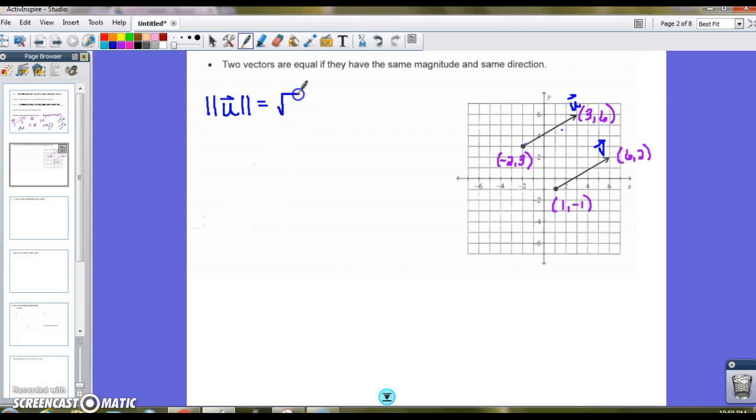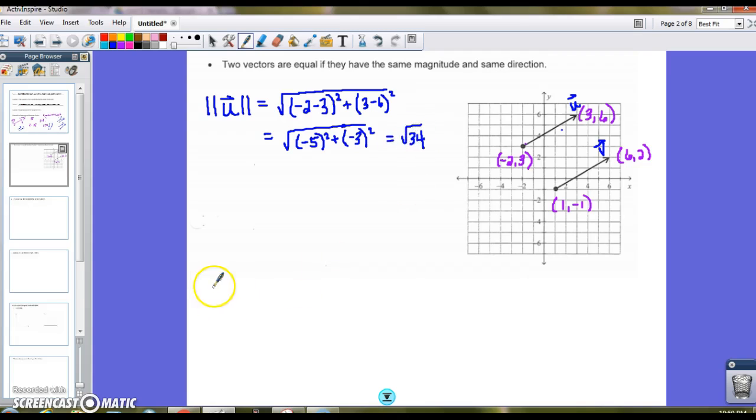All we're going to do is use the distance formula: the difference in the x's squared plus the difference in the y's squared. That would be the square root of -5 squared plus -3 squared, which gives us the square root of 34.